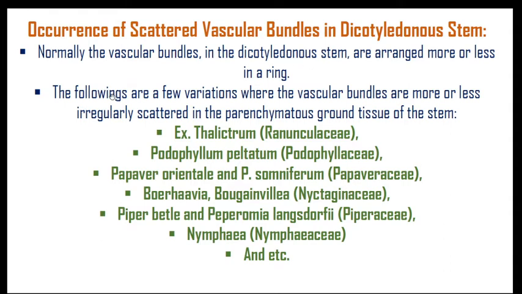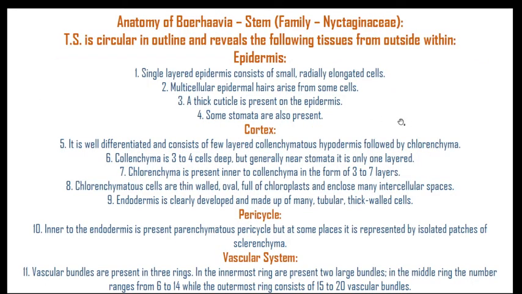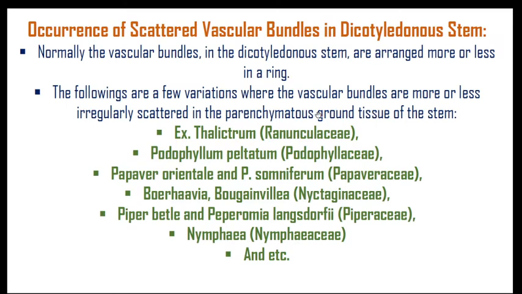But some members of dicotyledons show a few variations, where the vascular bundles are more or less irregularly or randomly scattered in the parenchymatous ground tissue of the stem, and that's why it is called anomalous growth. Basically, anomalous means abnormal or other than normal.